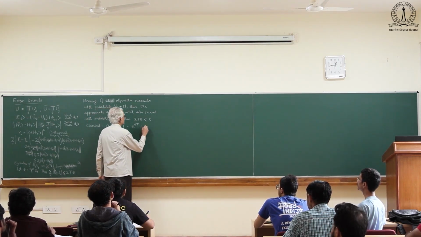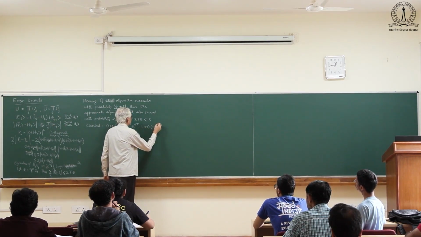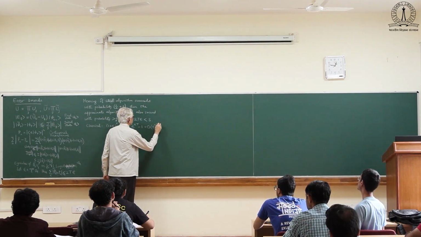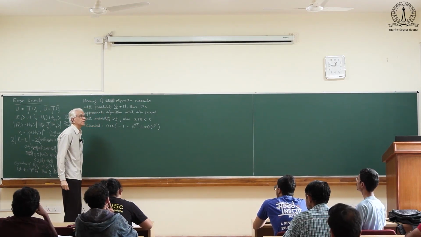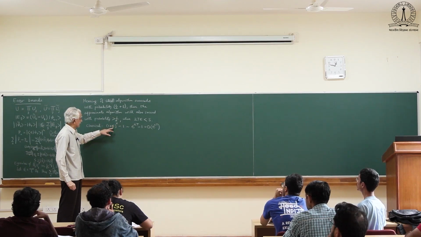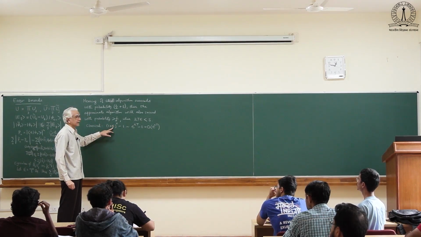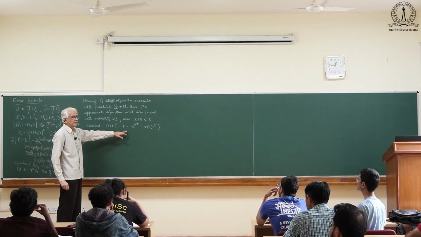So basically it's an exponential growth. In the classical algorithm, if you have multiple steps and in each step you make an error epsilon, this is what you'll end up with.